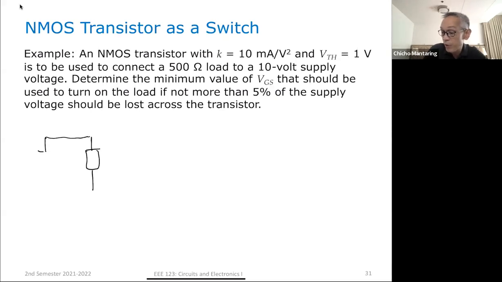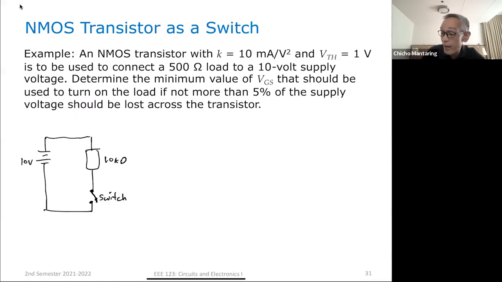We would have had a 10-volt supply here. And then you would have had a switch here, a manual switch here. That's how we would have done it under normal conditions.